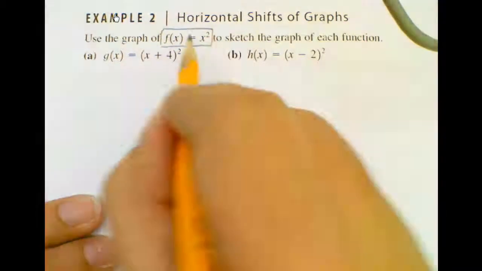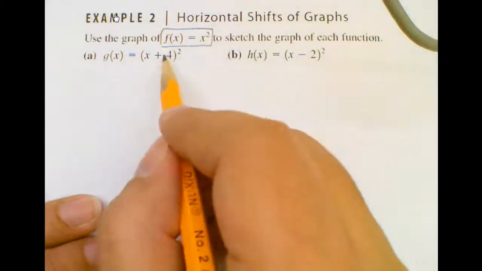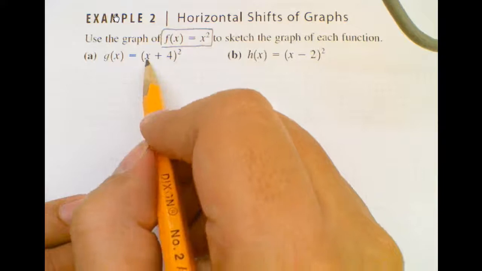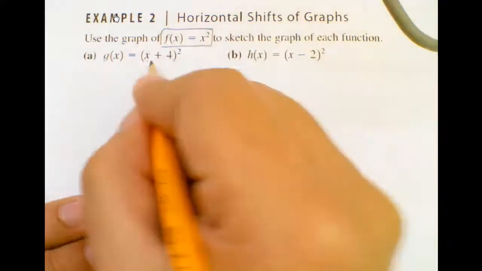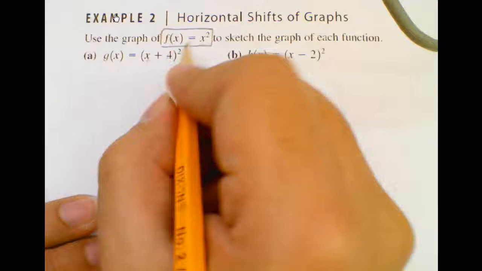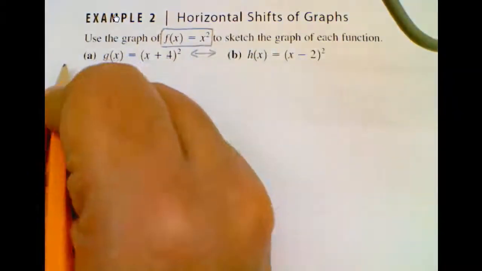But you don't have an x squared like you did before. I cannot separate that. And that is because the plus 4 is affecting the x directly. So that indicates this is a transformation in the horizontal direction rather than vertical.